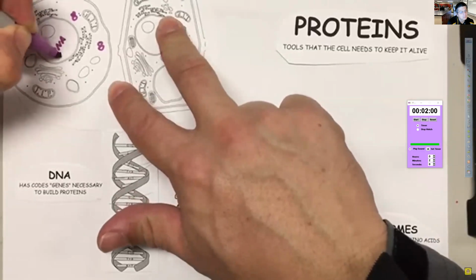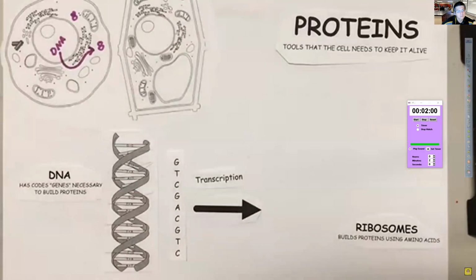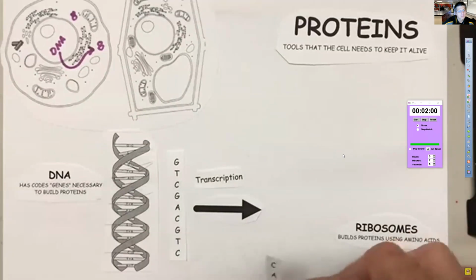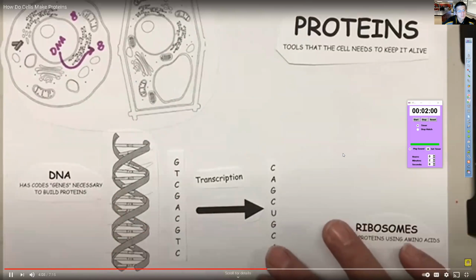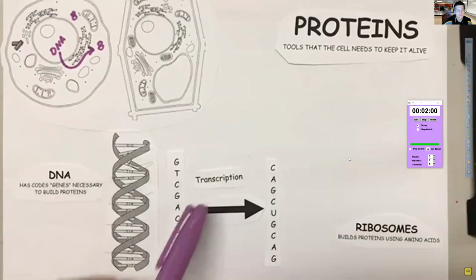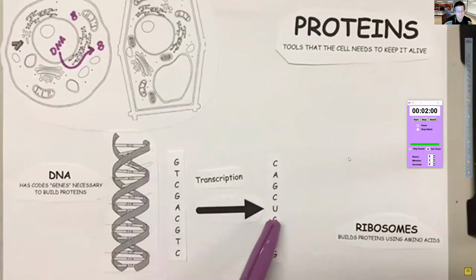So we've got to take the information and send it out to the ribosome. And that's why we have to take this code and copy it and turn it into a different version. And that version is called mRNA. So during transcription, the gene gets turned into mRNA.